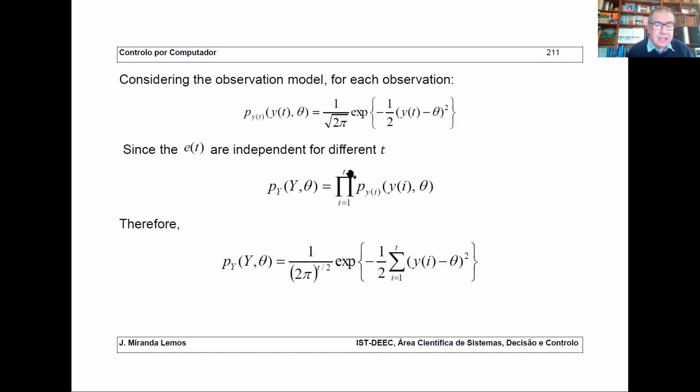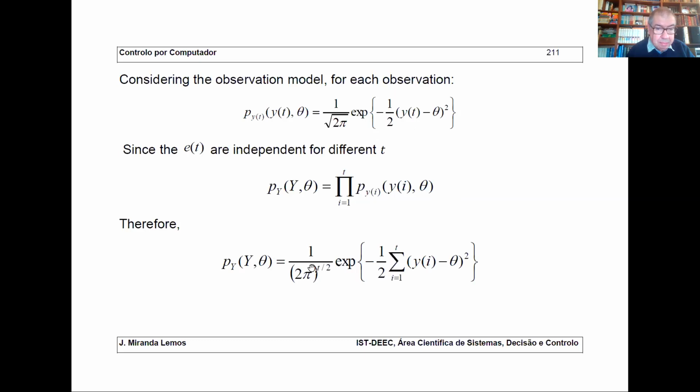We have done 5 observations, t equal to 5. So I multiply the density functions of each of the observations. And I know that each of them has this expression, but now with y replaced by the concrete observation y_i.